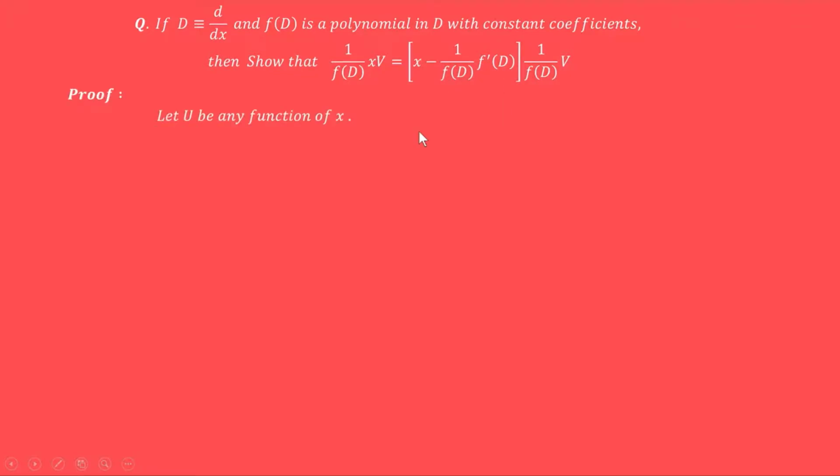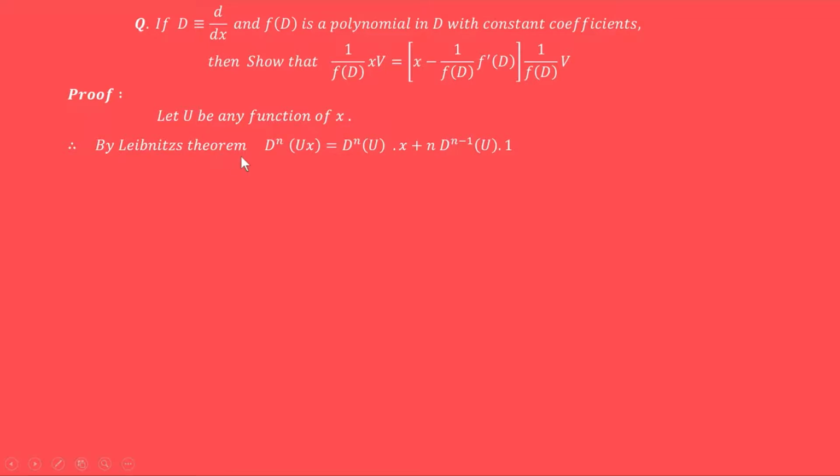See the proof. Let u be any function of x. By Leibniz theorem, we know the nth derivative of u into v is equal to the nth derivative of u, v as it is, plus nC1, the (n minus 1) derivative of u, v1, plus nC2, the (n minus 2) derivative of u, v2, and continue like this.